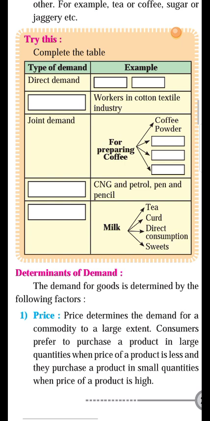With the help of milk we can make tea, we can make curd, we can directly drink the milk. We can make sweets, we can make ice cream, we can make milkshake. All these are nothing but composite demand. So I hope you fill these boxes. When you fill these boxes, your types of demand is over thoroughly.